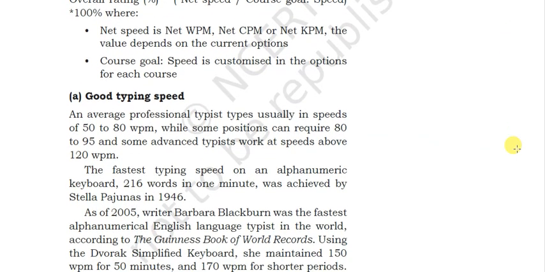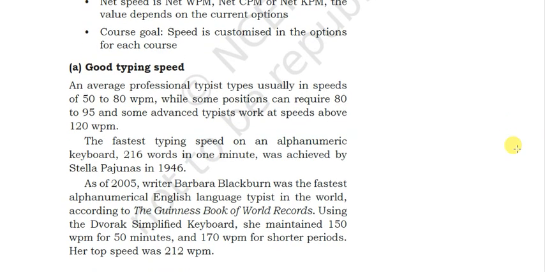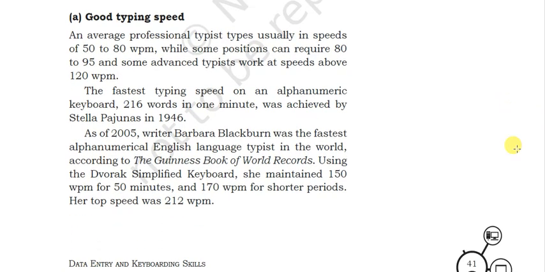Good typing speed: an average professional typist usually types at speeds of 50 to 80 WPM, while some positions can require 80 to 95, and some advanced typists work at speeds of 120 WPM and more. The fastest typing speed on the alphanumeric keyboard is 216 words in 1 minute, achieved by Stella Pajunas in 1946.